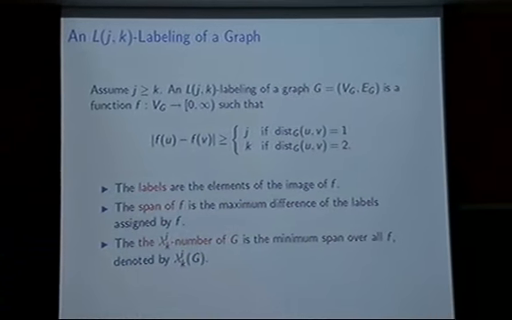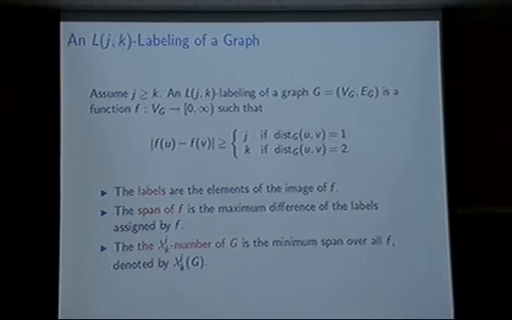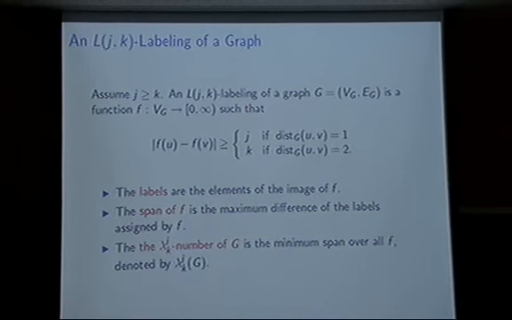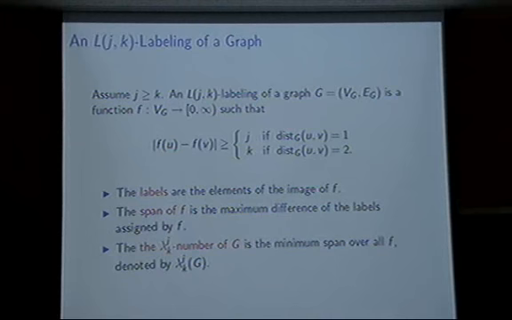If you have a graph G, let's assume that j is at least k, then an L(j,k) labeling of G is a function from the vertex set of the graph to the non-negative integers, where if two vertices are at distance 1, meaning they are adjacent, then their labels differ by at least j. And if their distance is 2, then their labels differ by at least k.